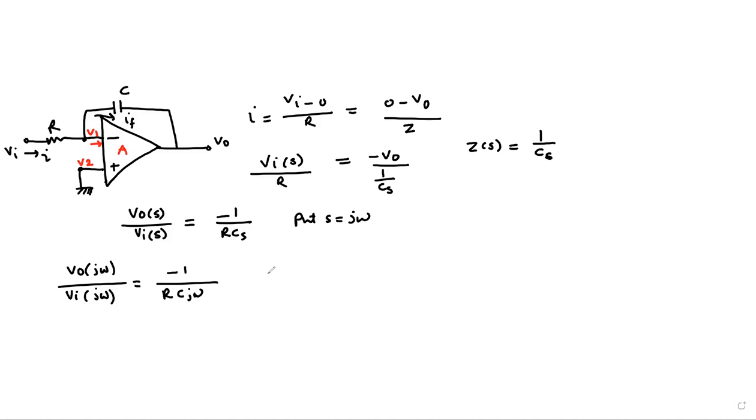And here we define one more term, omega C, that is equal to 1 over RC. This is called the cutoff frequency or break frequency of the filter, because we are going to see that this circuit behaves as a low pass filter, or in other words, it is called an integrator.